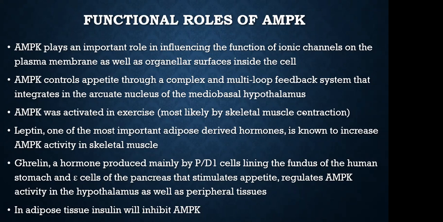And what's interesting here, in adipose tissue, insulin will inhibit AMPK. So obviously if we exercise more and have less adipose tissue, then we can increase the amount of AMPK that we have in the system.